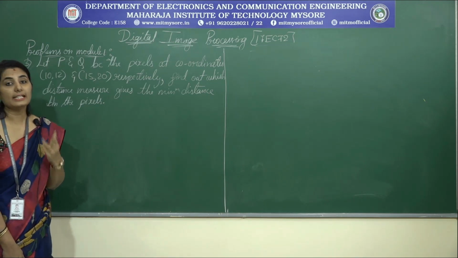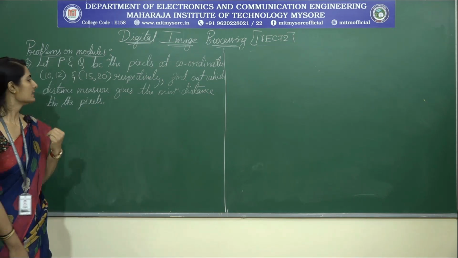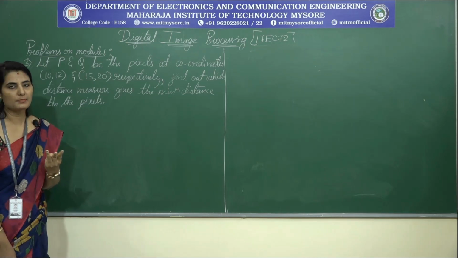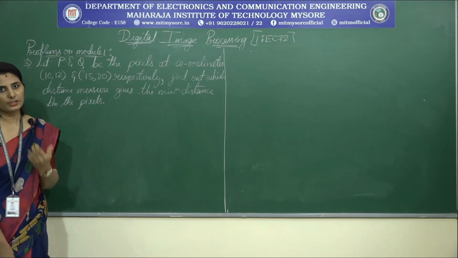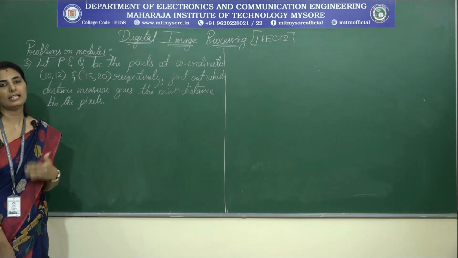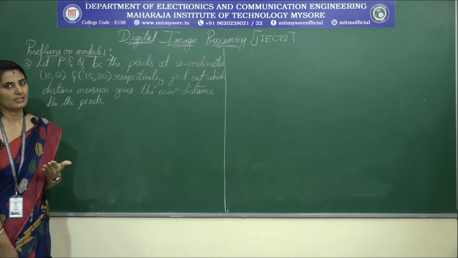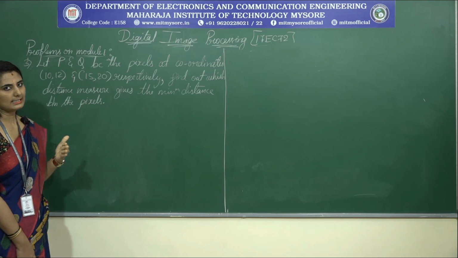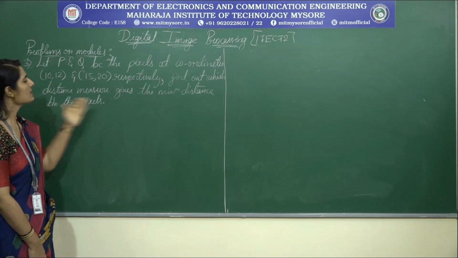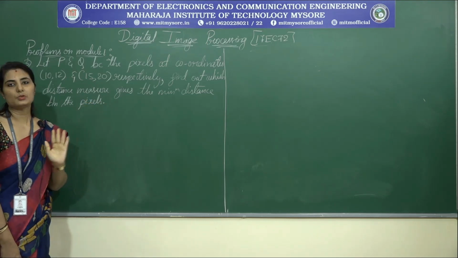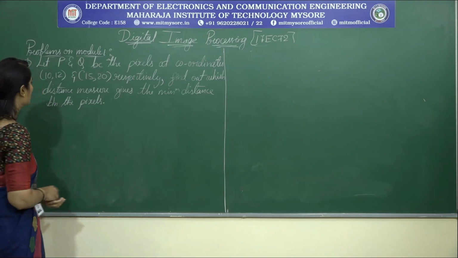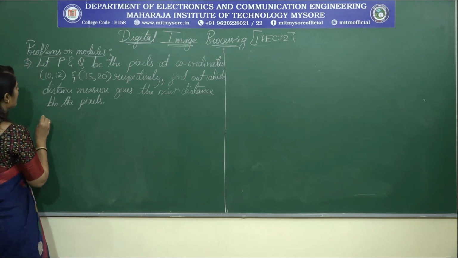So here we have three types of distance measures. The first is Euclidean distance measure, the next is D4 distance, and the last is D8 distance. So we need to find out these distances, and finally we should say which is the minimum distance between these two pixels.